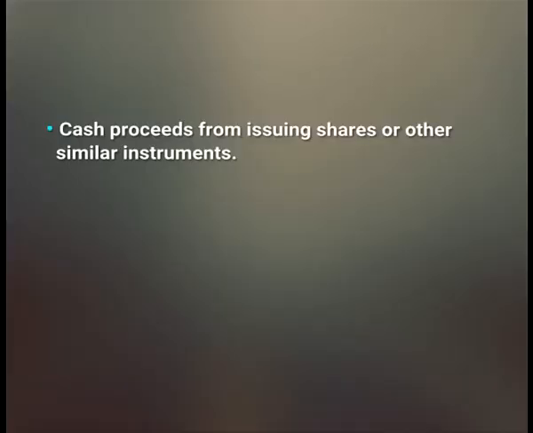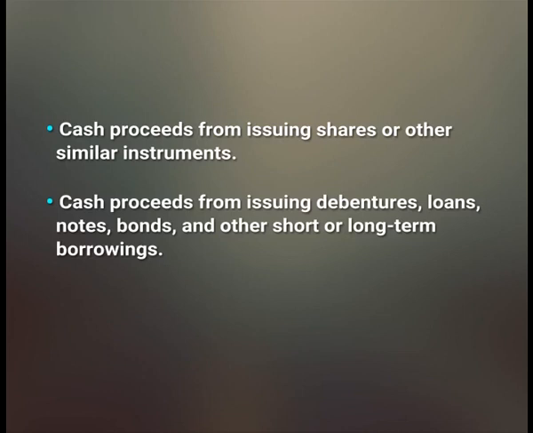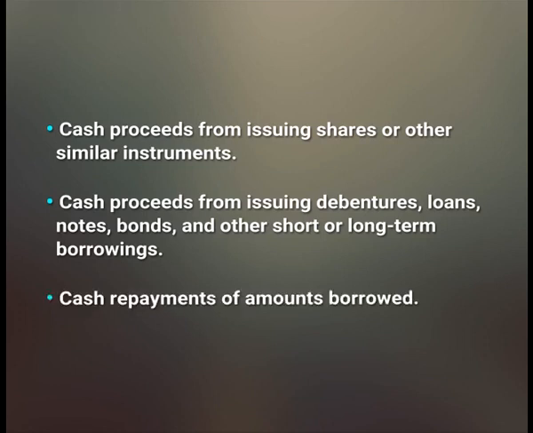Examples of cash flows arising from financing activities are: first one, cash proceeds from issuing shares or other similar instruments. Next is cash proceeds from issuing debentures, loans, notes, bonds and other short or long term borrowings. And the third one is cash repayments of amounts borrowed.